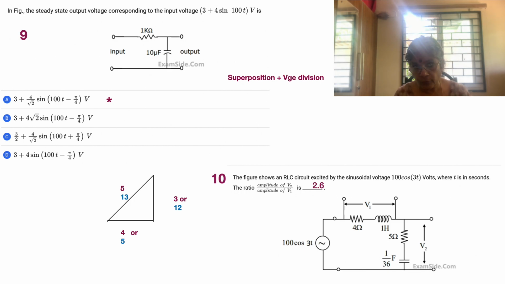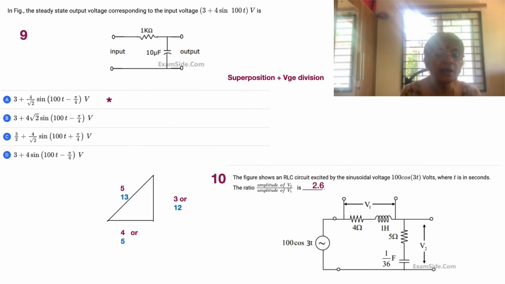The current is the leading reference, but the voltage that develops across the capacitor has to lag the current, which means an angle of minus pi by 4. Why pi by 4? Because the resistance and the capacitive reactance are both of the same value, 1 kilo.